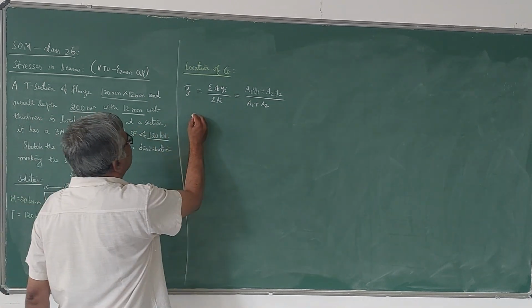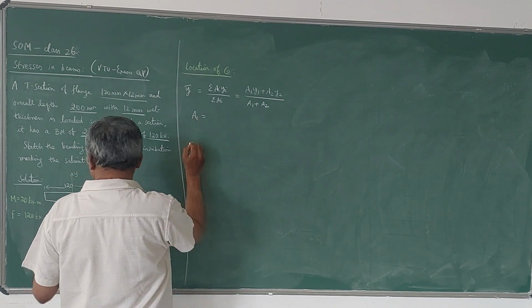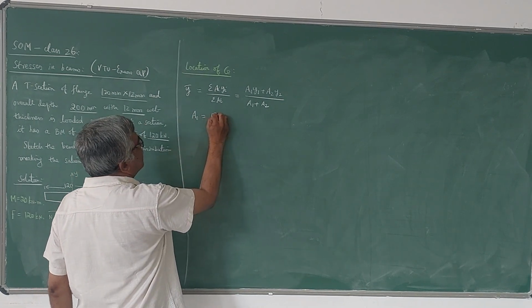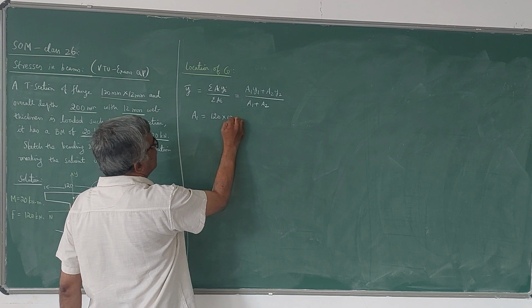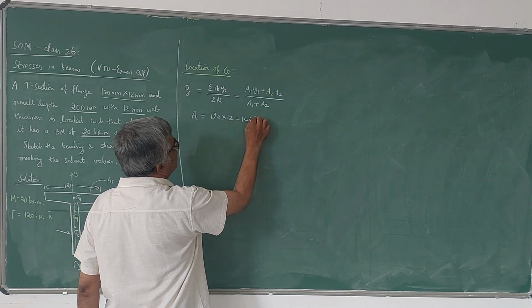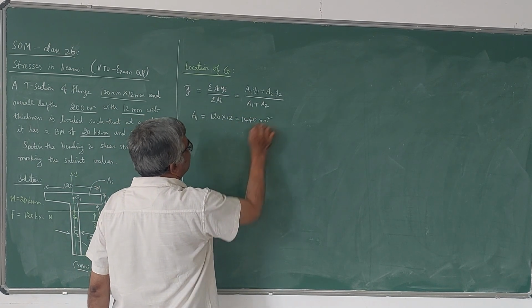So we can write the values here. A1 is the area of the flange portion, 120 by 12, which is 1440 mm².